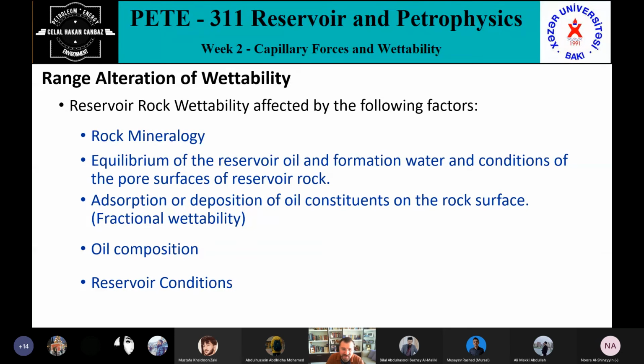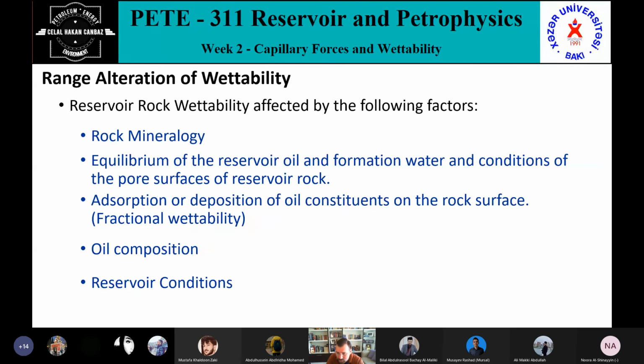Another thing that I can say, of course, is fractional wettability. By the way, don't mix the fractional wettability with mixed wettability. Fractional wettability means that scattered areas throughout the rock are strongly wet by oil, whereas the rest of the area is strongly water wet.